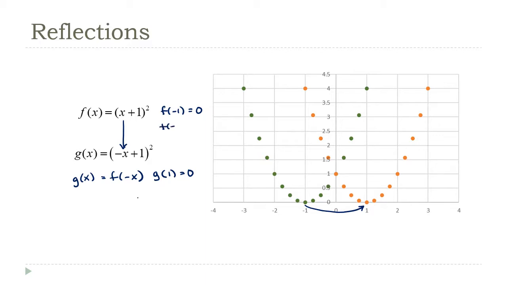So let's try another one. F of negative 2 is negative 2 plus 1. That's negative 1 squared, is positive 1, and you see that right here. Now g of 2 is negative 2 plus 1, which is negative 1 squared, is 1.